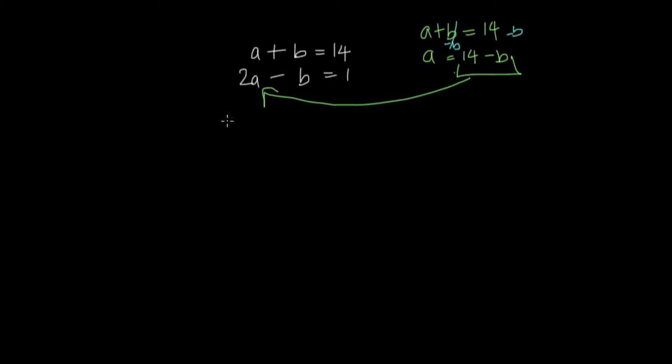If I do that, I get 2 times 14 minus b. And then the rest of that stays the same, minus b equals 1.